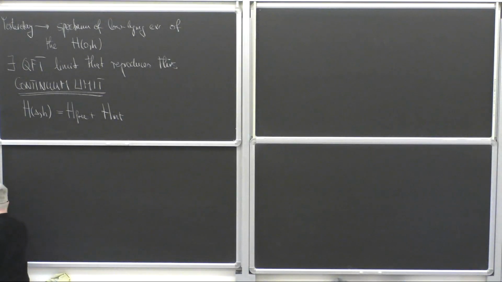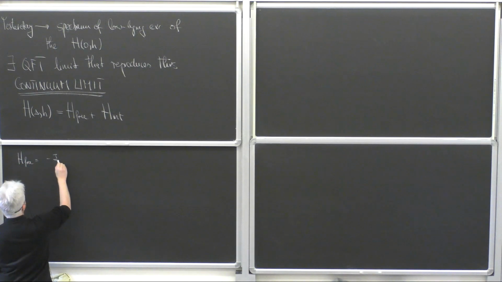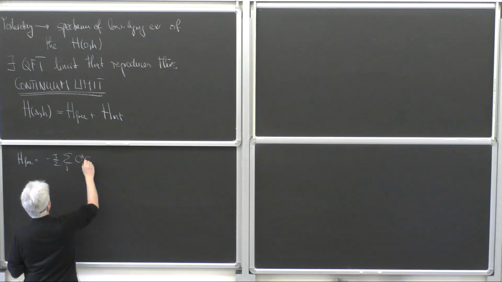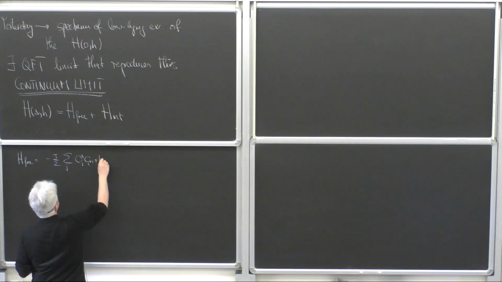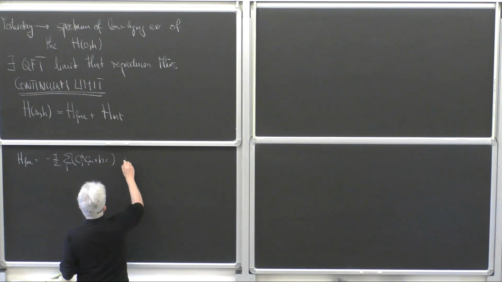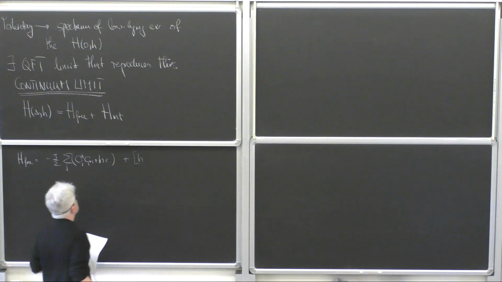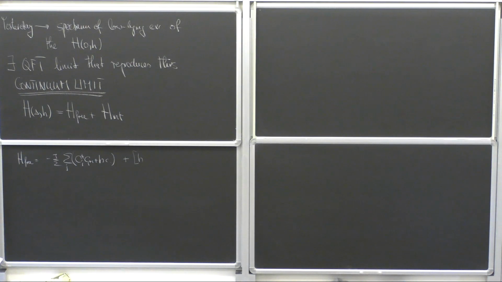So H free is simply minus J over 2 sum over j, c dagger j, c j plus 1 plus Hermitian conjugate. And then here I have a chemical potential term, and in the chemical potential term I take into account some effects of the interactions.